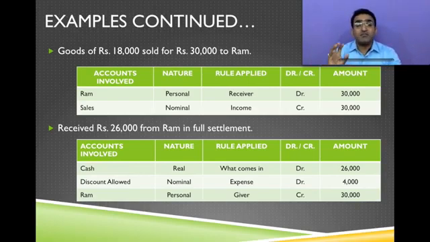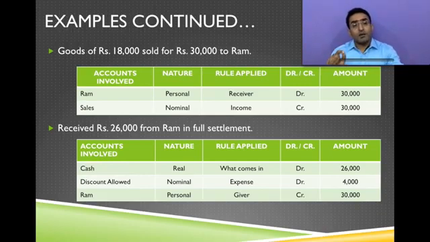He received goods, but he is supposed to pay 30,000. He got goods of 18,000, but how much does he have to pay? 30,000. So it is 30,000. Income, how much income is there for us? 30,000, not 18,000. So we record it this way. We do not record the profit separately in these entries.